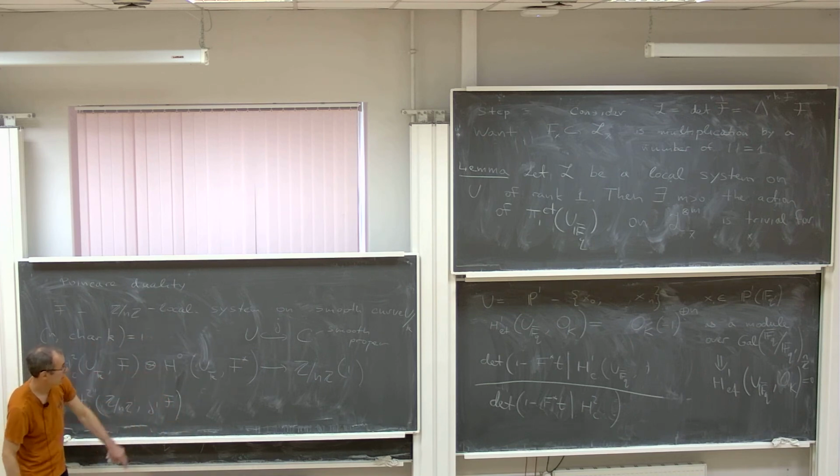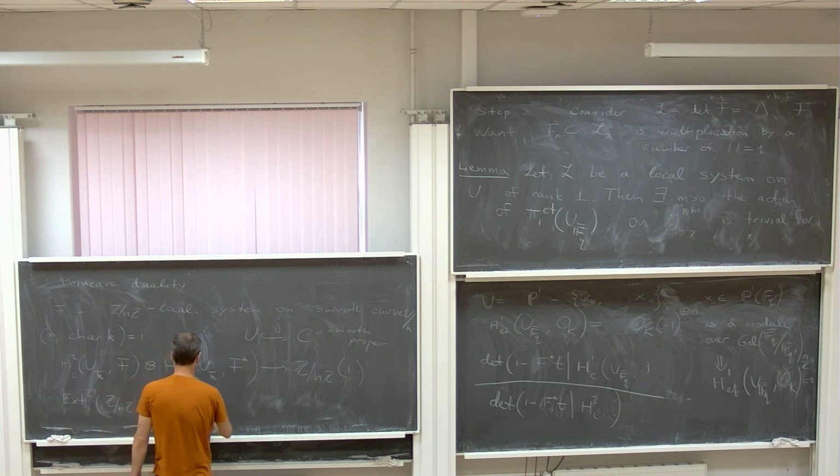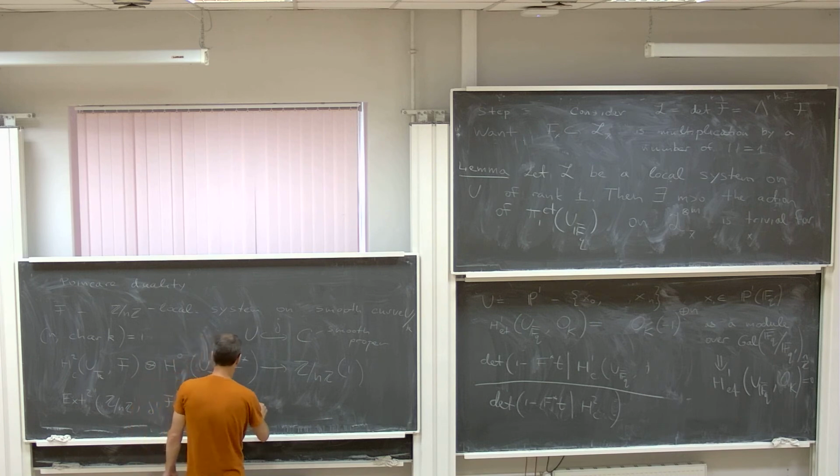And what is this? I can think of this as Ext^1, Ext^0 from j shriek F to Z/nZ.